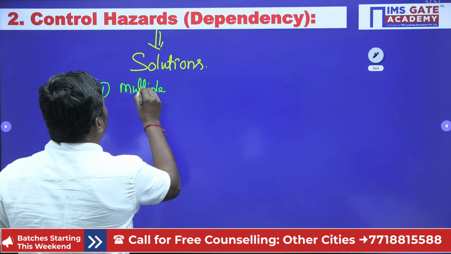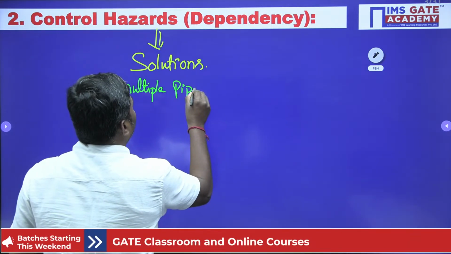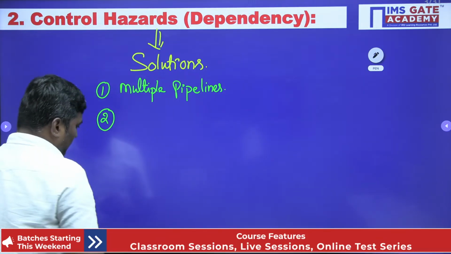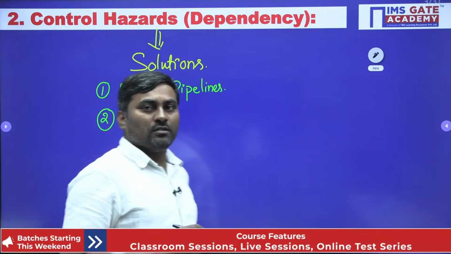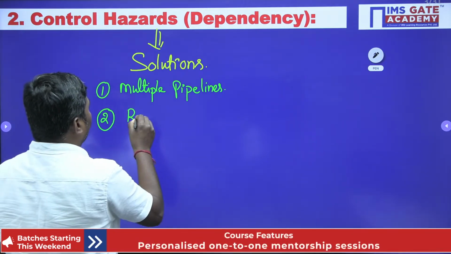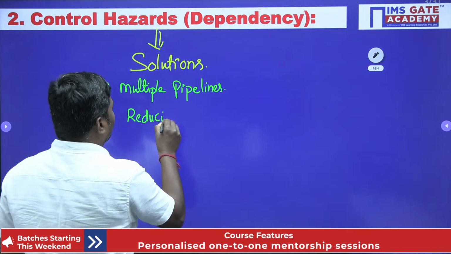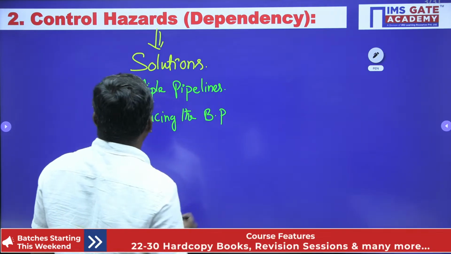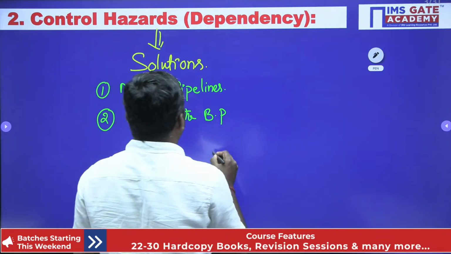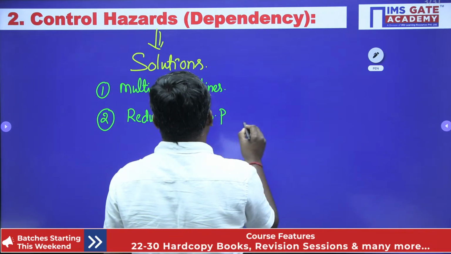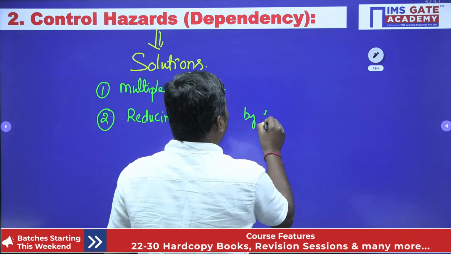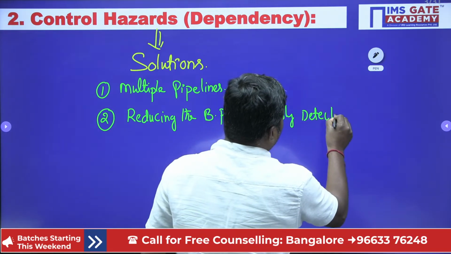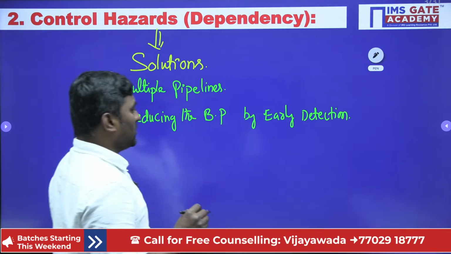The second one was reducing the branch penalty, BP, by early detection of the branch instruction and evaluation of the branch condition.